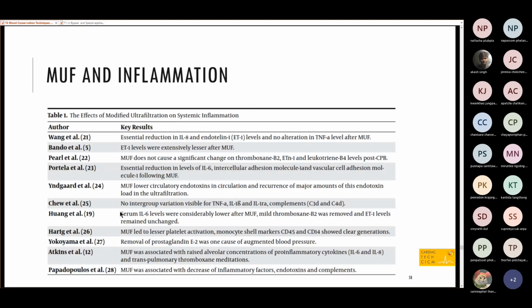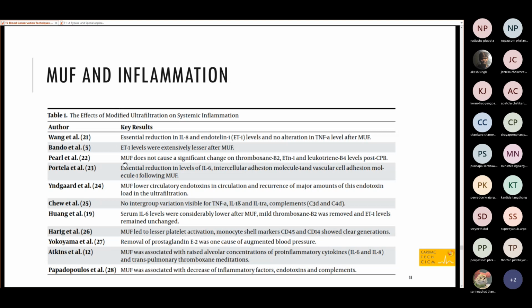Okay, the MUF takes over the benefits of CUF and BUF because it can remove high molecular size mediators like inflammatory proteins and cytokines. So it can be said that the MUF can help reduce the inflammatory response from this CPB.